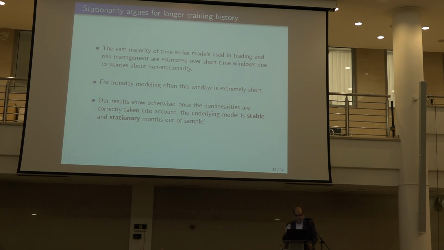These are two different things, and we do not find any evidence that the relation is time dependent. So what we say is that once the nonlinearities are correctly modeled, the underlying model is stable and stationary months out of sample, which is what it should be for a financial application. If you have to update the parameters every day, that's not good. You should change your model.